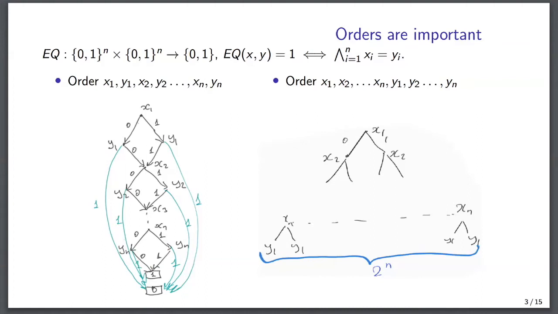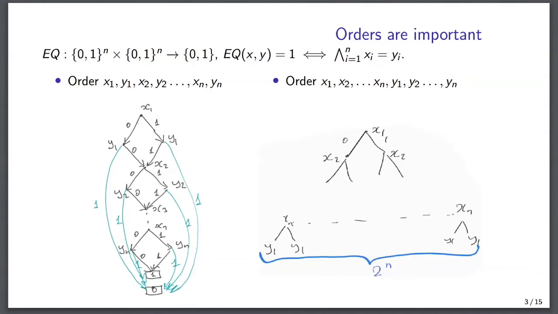If we consider the order where variables x precede variables y, then the OBDD requires exponential size. It's easy to see because when we read all x's, we should save their values since we have not read the y's yet. So after reading all x's, we should get 2 to the n different nodes.